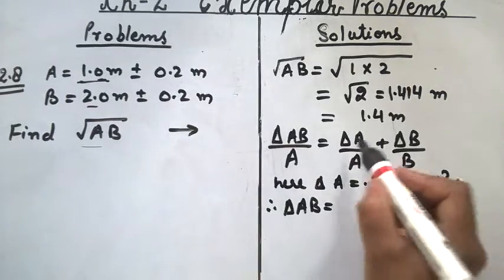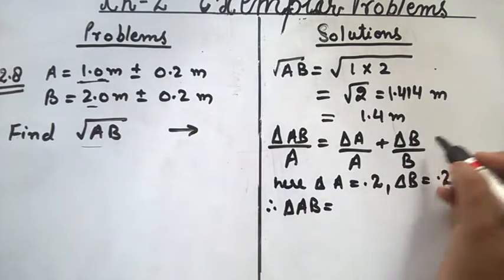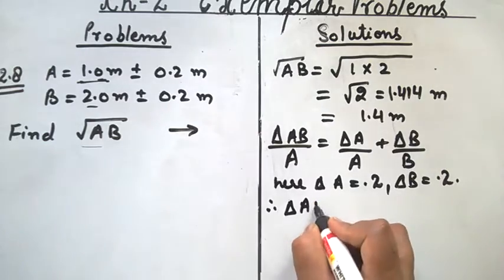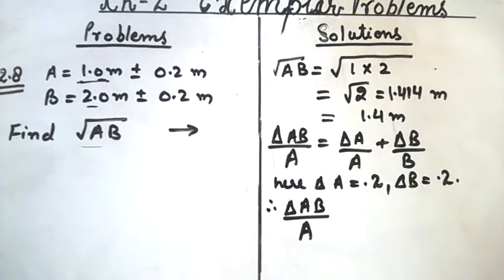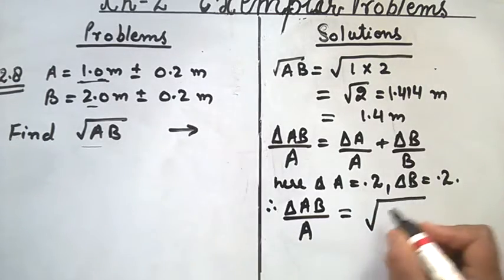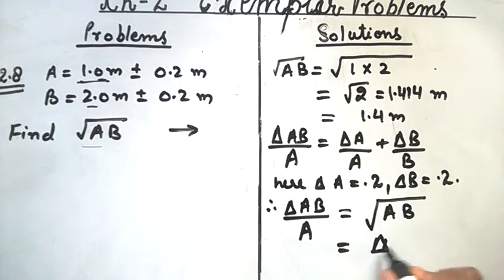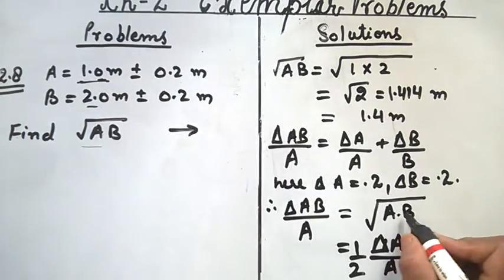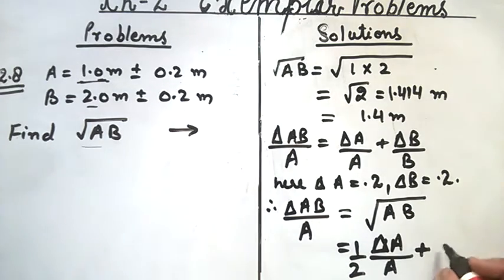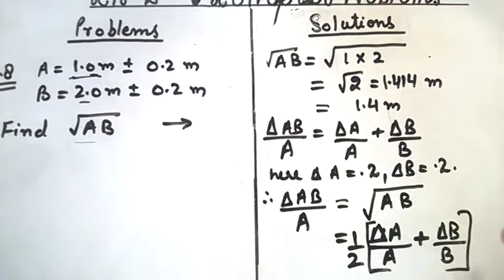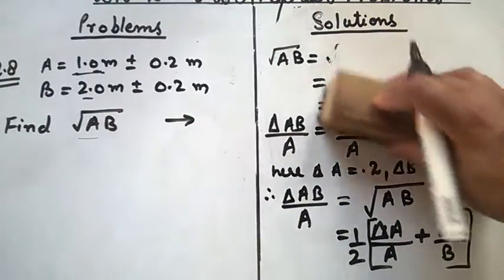So we will write the change as half of delta A by A plus, in terms of error, delta B by B, whole bracket, according to the rule. Now solve it.